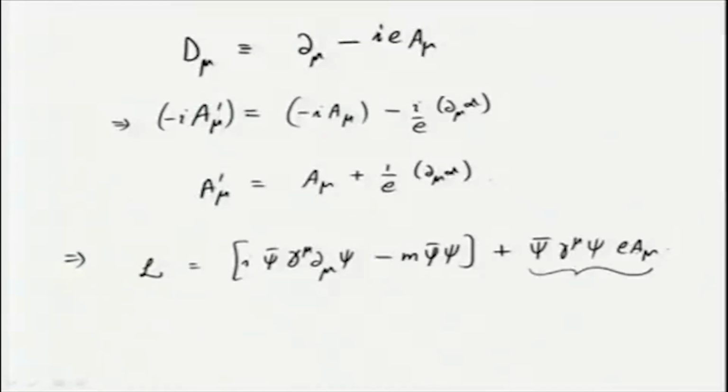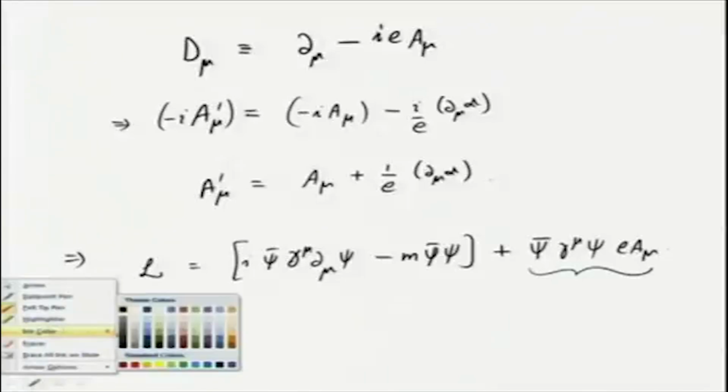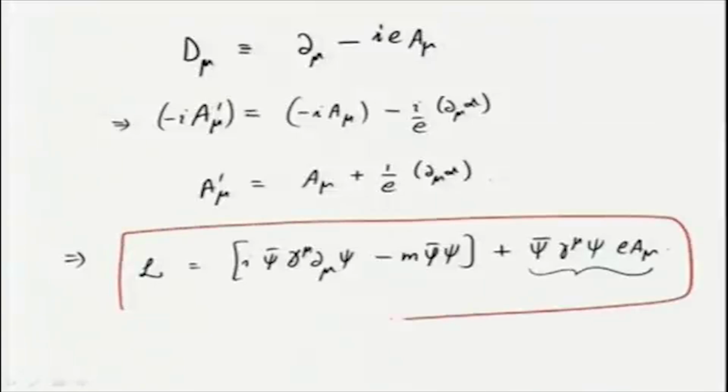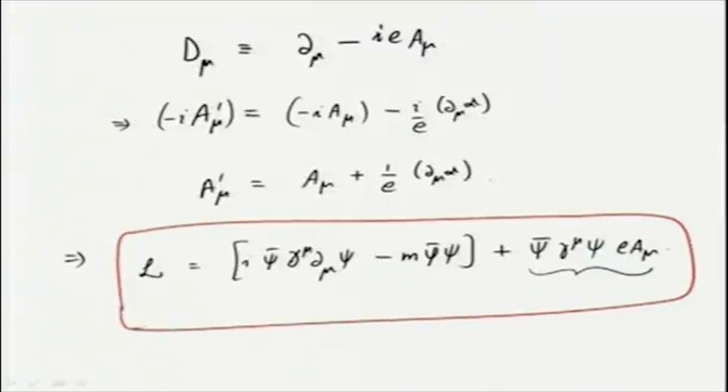Turning around, we can say that interaction of the particle can be understood through the gauge transformations or the gauge symmetry of the Lagrangian. Okay. This A mu that we have introduced appears in the Lagrangian only in the interaction term. Okay. Only in the interaction term here.